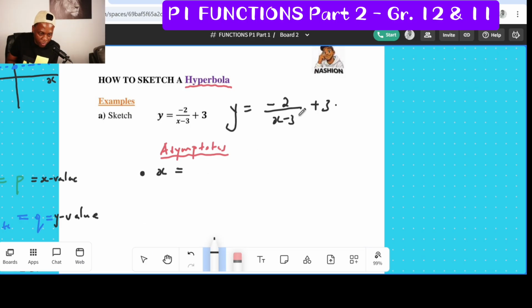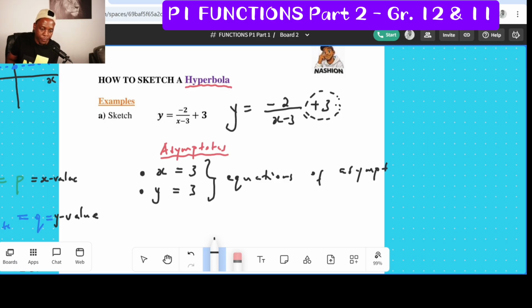When you solve the denominator here, you simply change the sign. x is going to be equal to 3 and y will be this 3 right here, positive 3. So both of these, we call them equations of asymptotes.